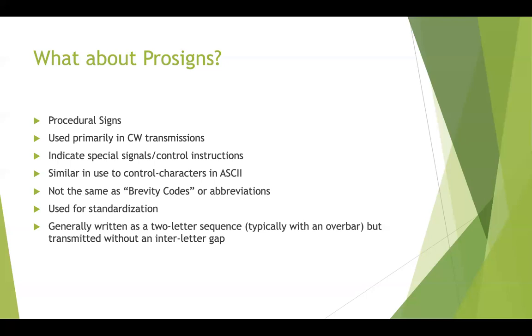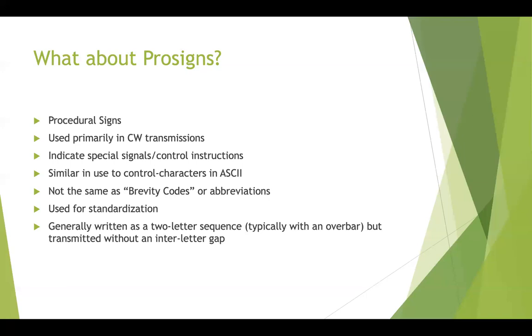Some of the other control key codes would be like Control J is line feed, Control L is form feed, Control K is reverse line feed, Control H is backspace, and so those are control codes that were part of the ASCII language, and so in the same fashion, these prosigns are part of the CW language or the Morse language. Now, they're not the same as brevity codes.